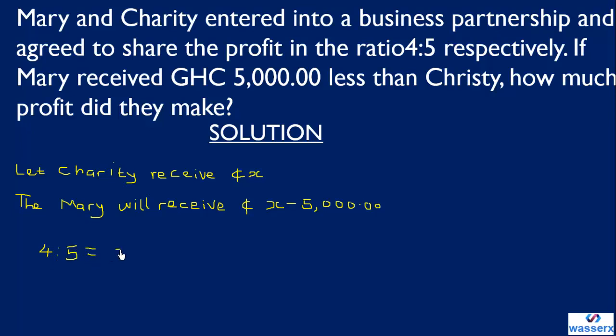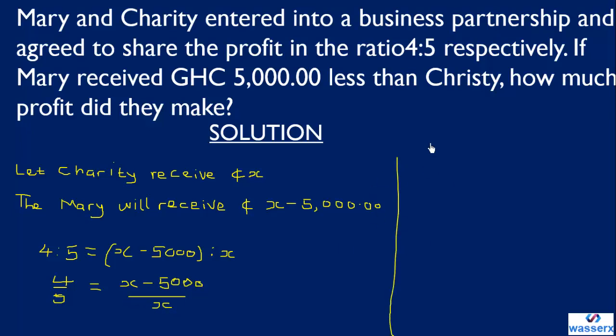So now we use the ratio 4:5 is equal to X minus 5,000 is to X. So we calculate for X. So 4/5 is equal to X minus 5,000 over X. We cross multiply over here to obtain 4x is equal to 5 into x minus 5,000.